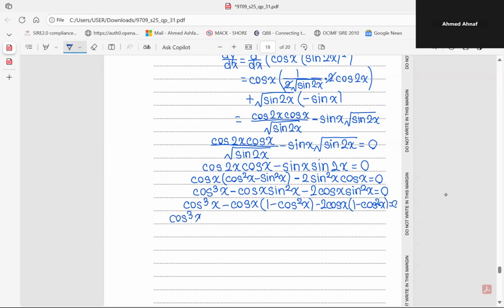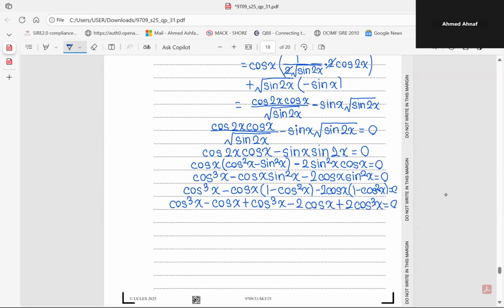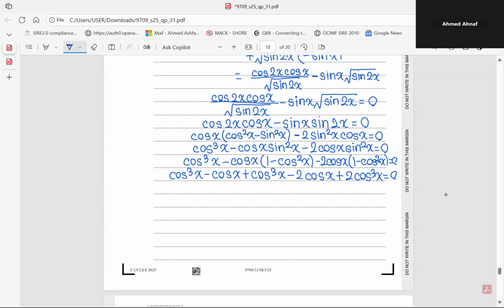So let's expand everything. To cosine cubed x. For the cosine cubed terms, 1 plus 1 plus 2, that's 4 cosine cubed x.